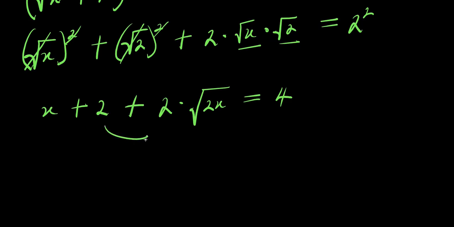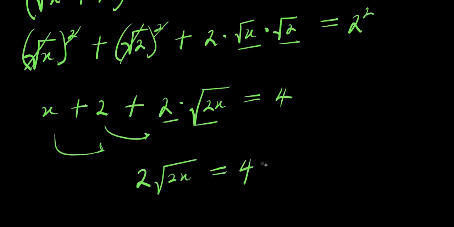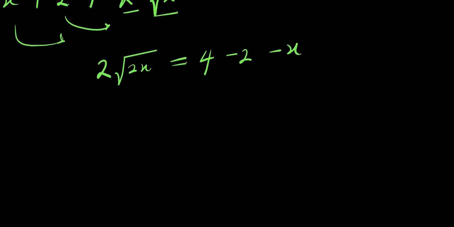This is 2 times square root of 2x equals 2 power 2, that is 4. So I can move 2 and x over the equality sign. So we have 2 root 2x equals 4. This will change to minus 2. When this crosses, it will change to minus x. From here, I have 2 times root of 2x equals 4 minus 2, this is 2 minus x.